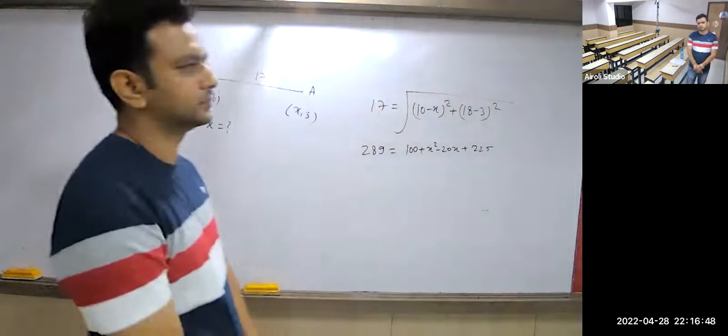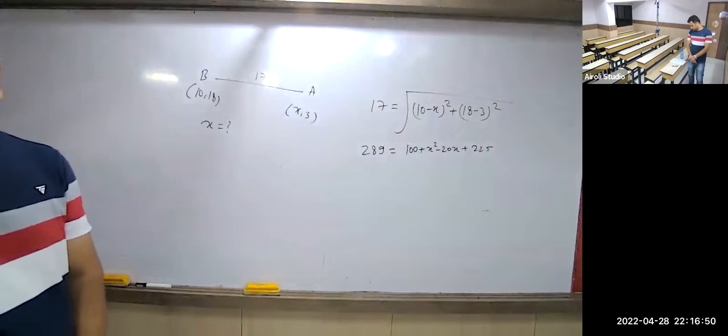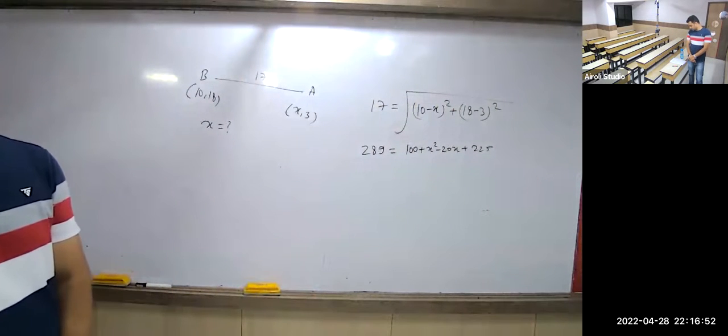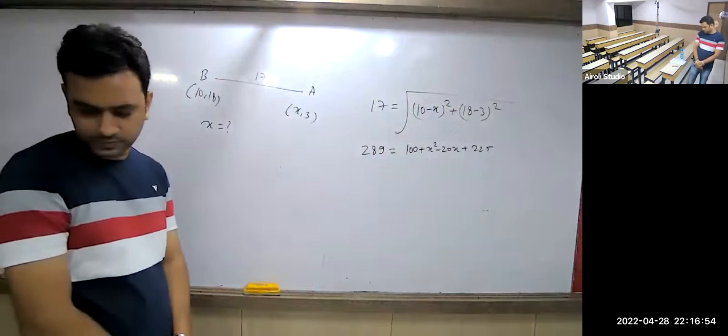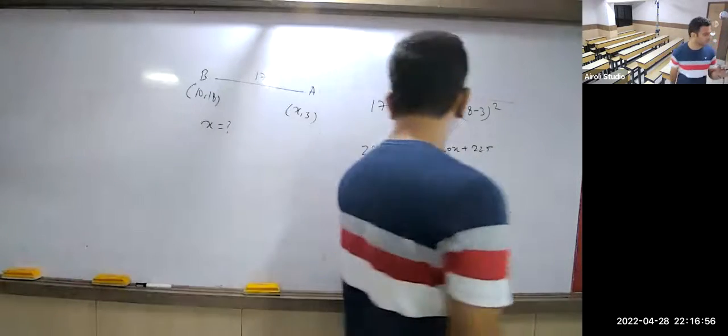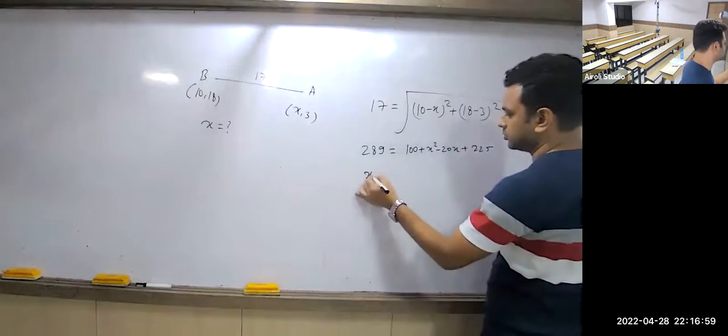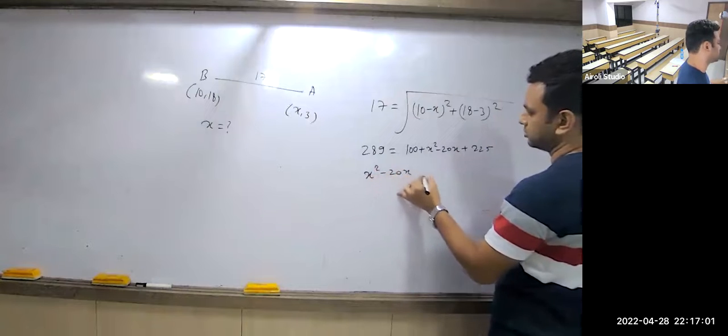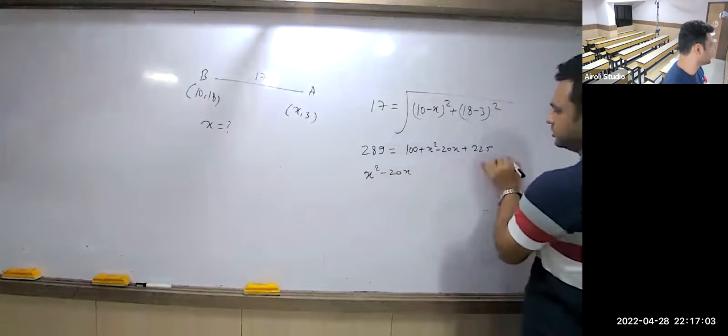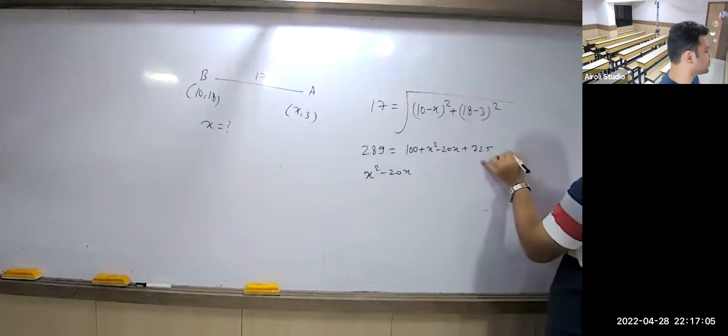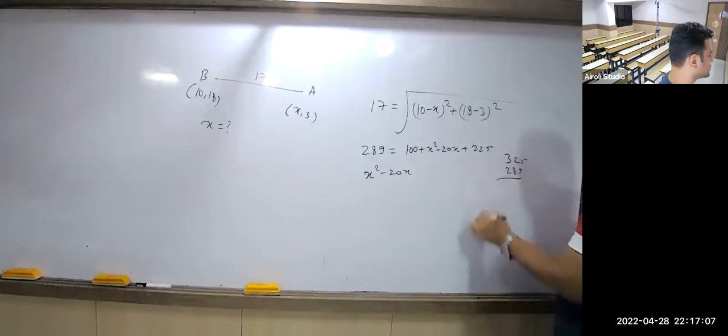Okay. So you have to solve that quadratic. Factorize first. So it will be x square minus 20x, this will be 325, and we have 289.